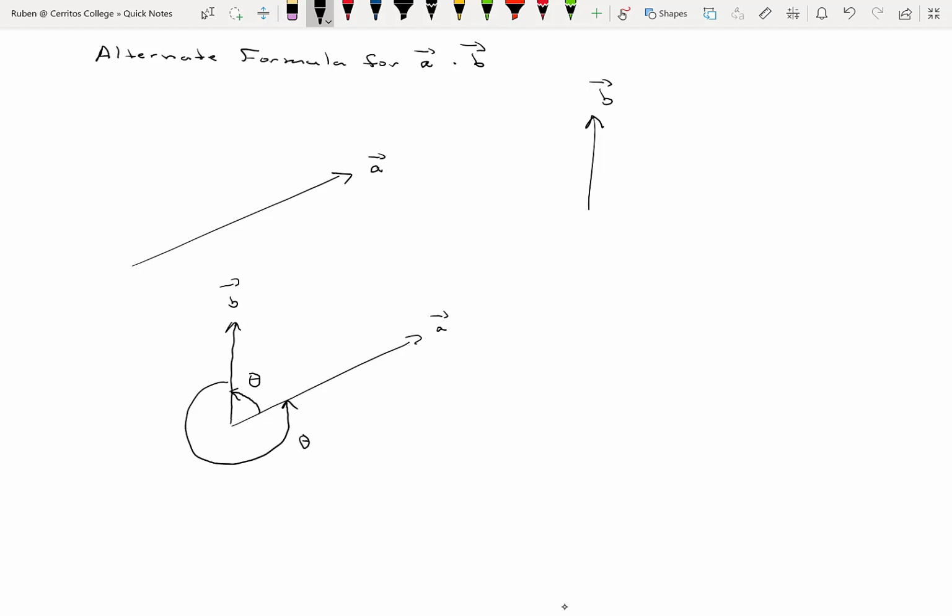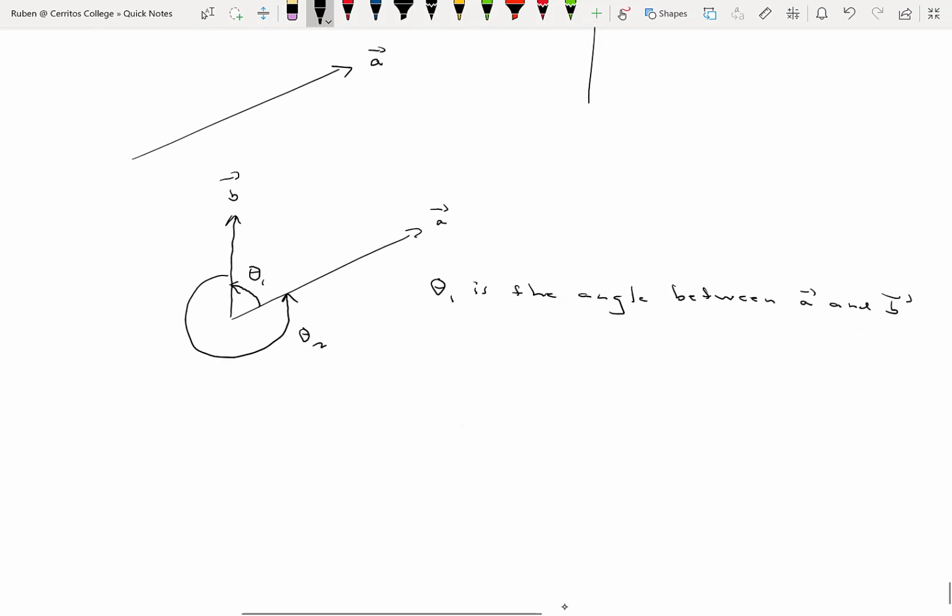Which is the angle between the two vectors? Theta 1 is the angle between vectors A and B. Theta 2 is not. So we define the angle between the two vectors to be the smaller one.